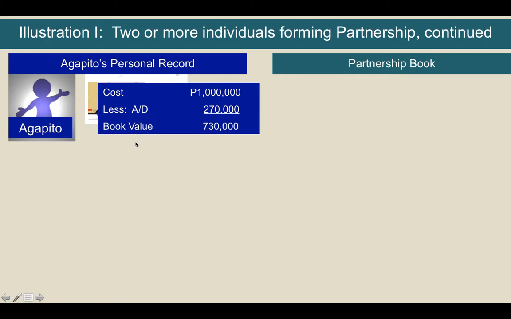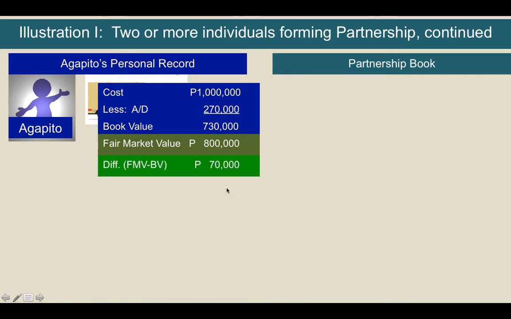So the book value in Agapito's personal record of that vehicle is 730,000. However, there's a willing buyer to buy it at 800,000. So there is a fair market value, which is 800,000. So the difference is 70,000.